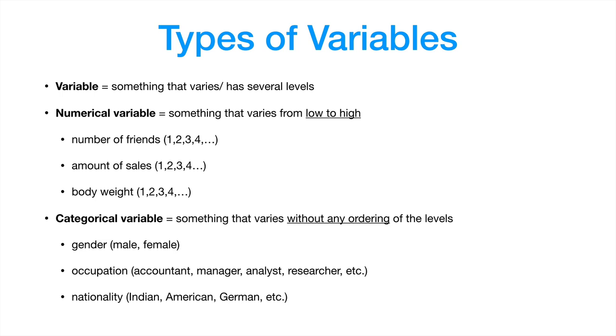And the main difference here is that there is no natural ordering between the levels. There's no notion of high or low. The levels are basically words, and it doesn't really matter in which order you put the words.